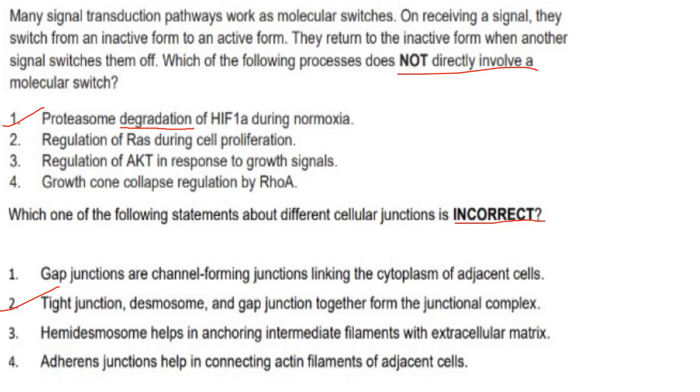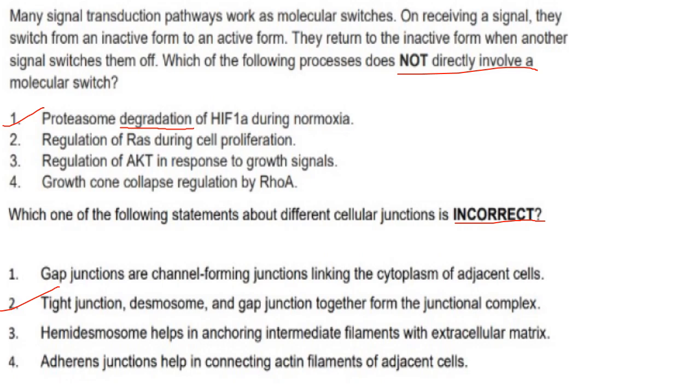So RAS when bound to GTP is the active form, and when bound to GDP is the inactive form. Regulation of AKT in response to growth signal. So AKT will be phosphorylated in its active form and dephosphorylated in its inactive form. Growth cone collapse regulation by RhoA. So Rho also is active when GTP is bound and inactive when GDP is bound.